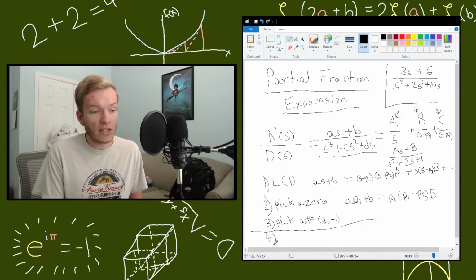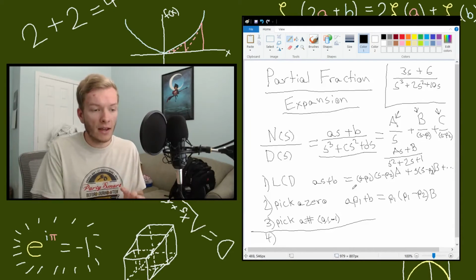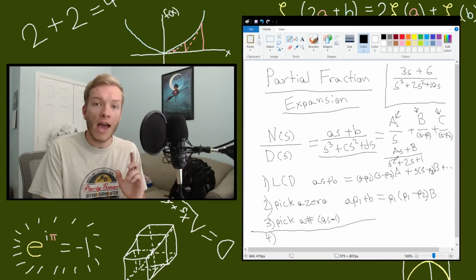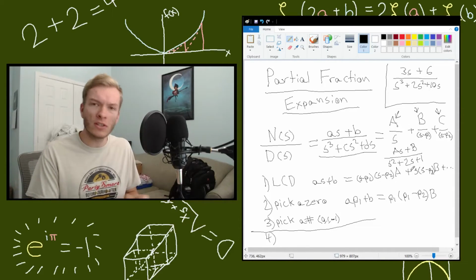Our fourth option is you can actually take the coefficients of each variable and multiply them, and set them equal to each other. So this is pretty common.